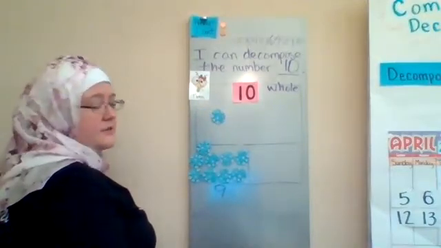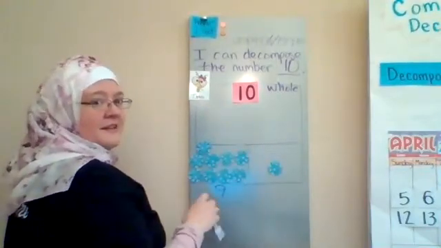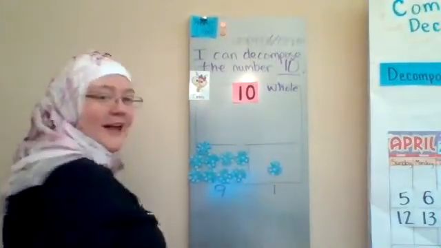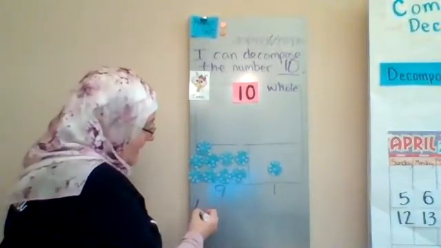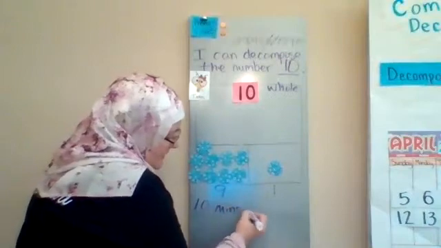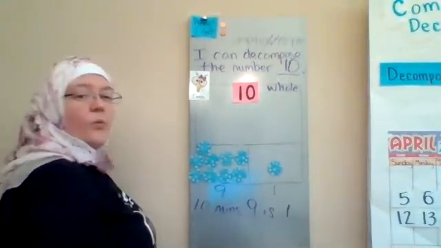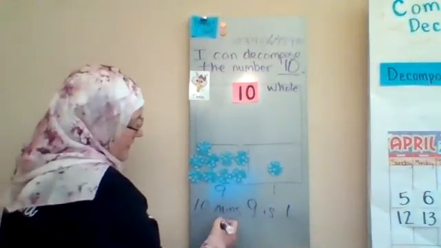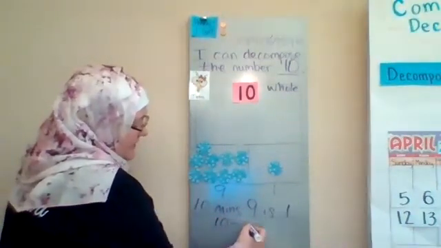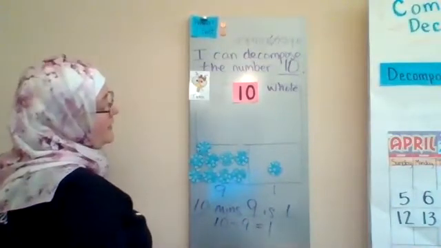My box is a little small. Look, how many left? I thought so. I knew you had it. 10 minus 9 is 1. Or 10 minus 9 equals 1.